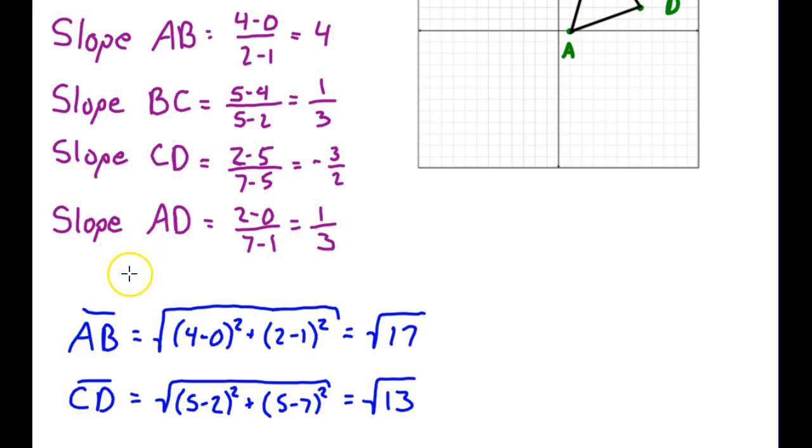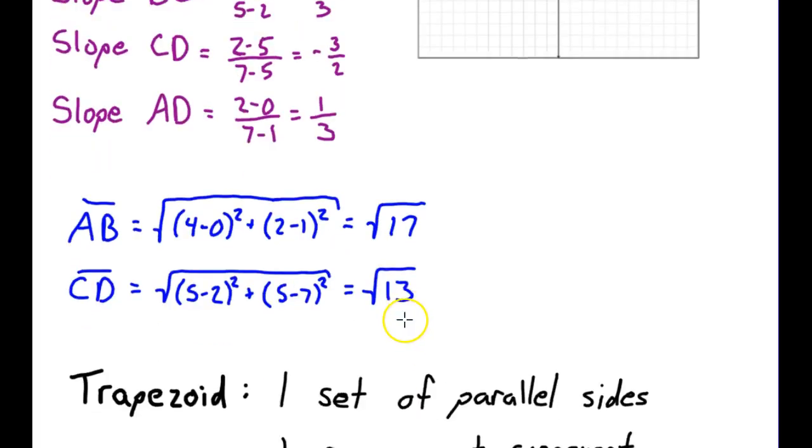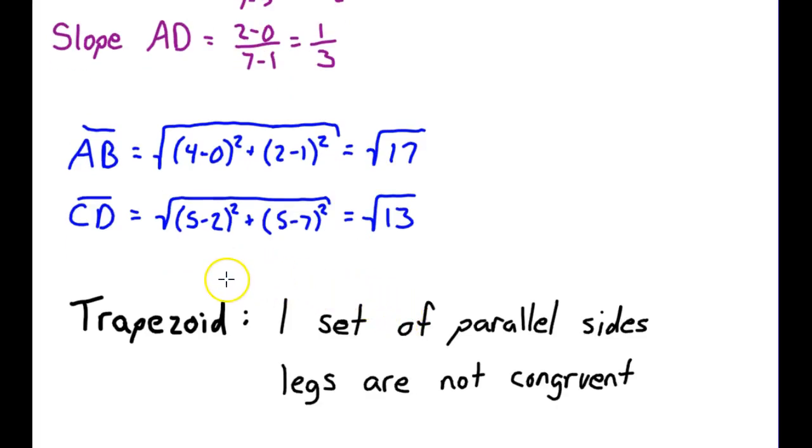Finding the distance of the 2 legs AB and CD, we find the length of AB is radical 17 and the length of CD is radical 13. So the 2 legs are not congruent to each other, so this is not isosceles. So the special quadrilateral is a trapezoid. And we specify the properties that we proved: one set of parallel sides, and the legs are not congruent.